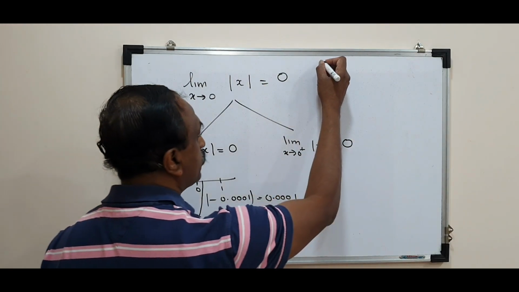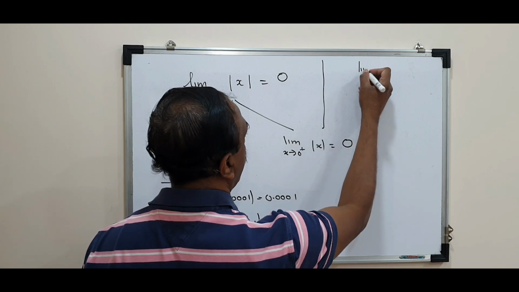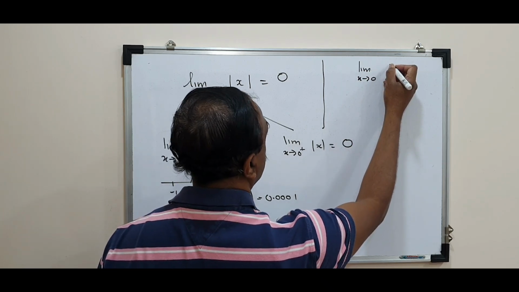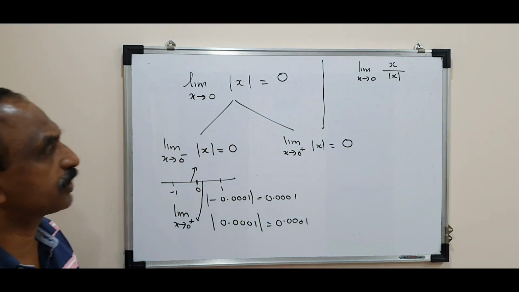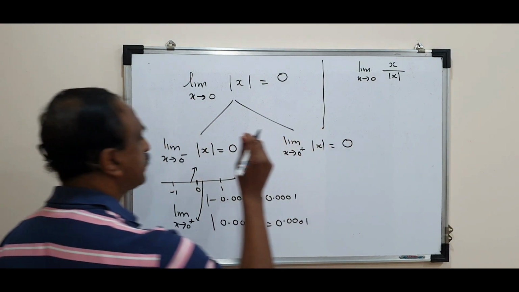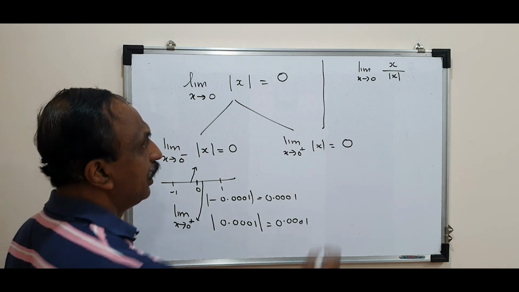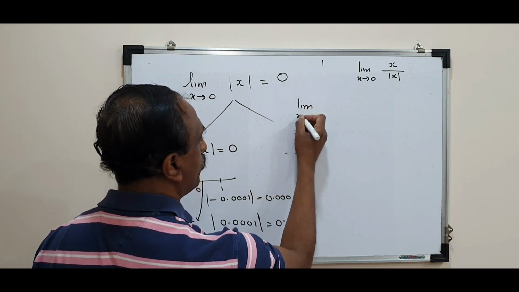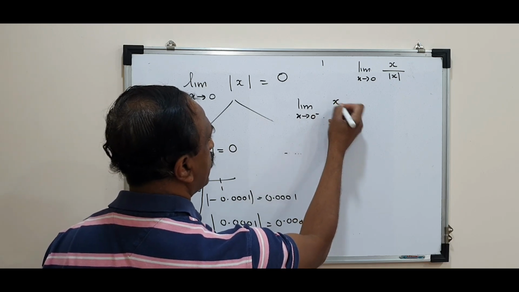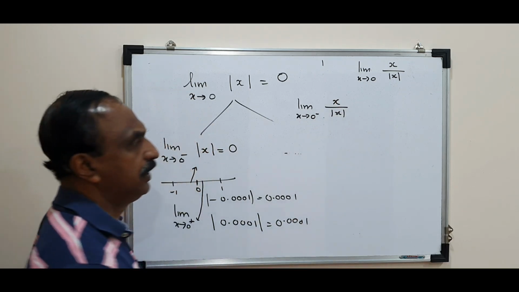Now let me have a look at limit x tending to 0, let's say x upon modulus of x. X upon modulus of x. In this case, let's take both the cases. First case, let me take limit x tending to 0 minus, x upon modulus of x.